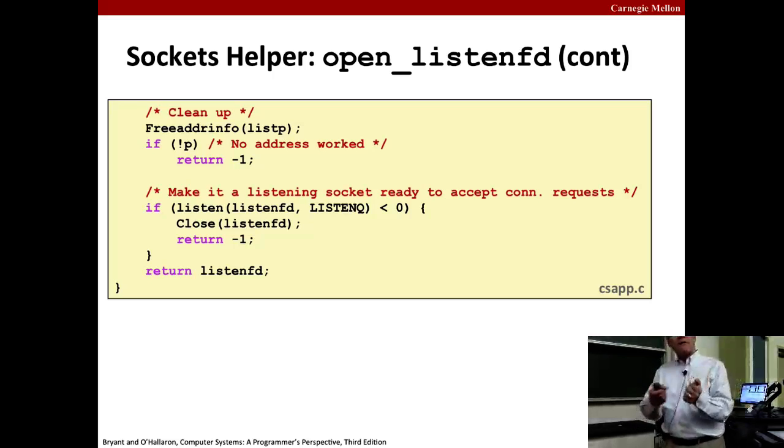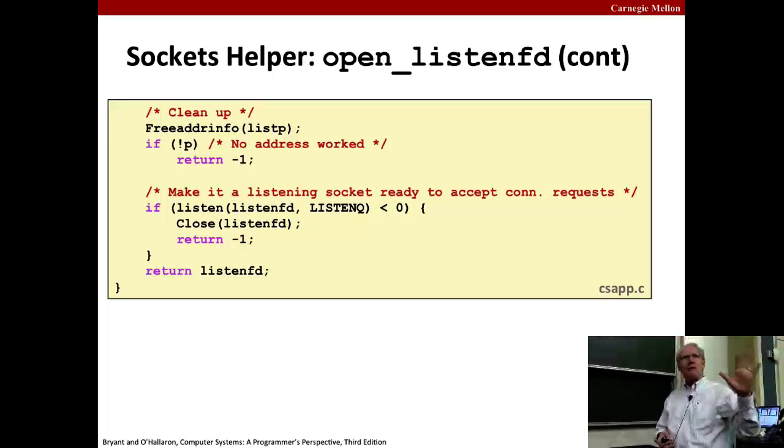But that's just within the machine saying, okay, I agree, this particular process gets to be listening on a particular port. But it's not actually listening yet. And I don't know why they split this into two, but they do.